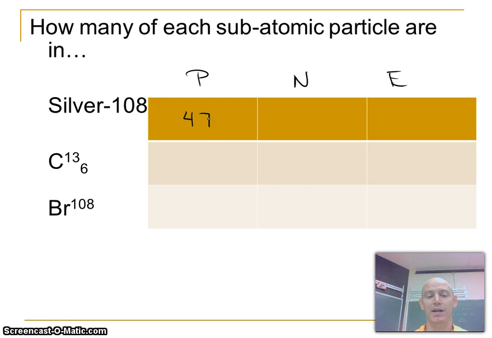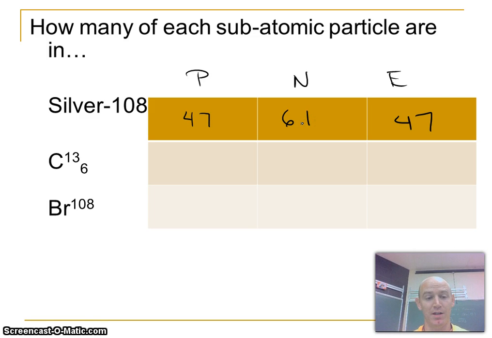And because this is a neutral element, it should also have 47 electrons to balance it out. The number of neutrons, I'm going to take 108, which is the mass number, minus the atomic number, which was 47, and that is going to leave me with 61 neutrons.